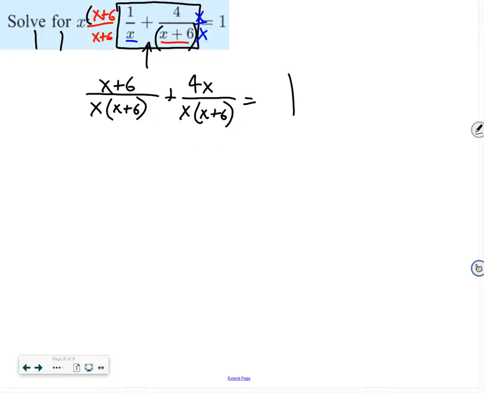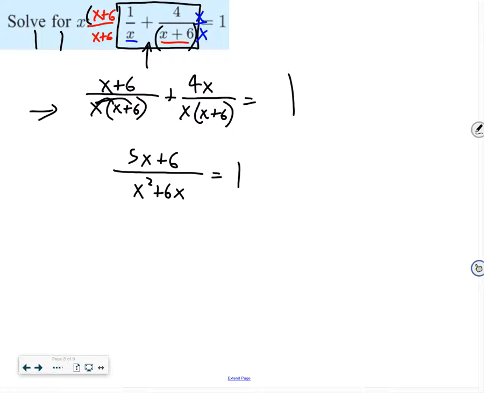So now I have a common denominator. I can go ahead and add up. 4x plus x, so I'm going to get 5x plus 6 over my common denominator. Since they're the same, I'm going to distribute, and I'm going to get x squared plus 6x. This is equal to 1.